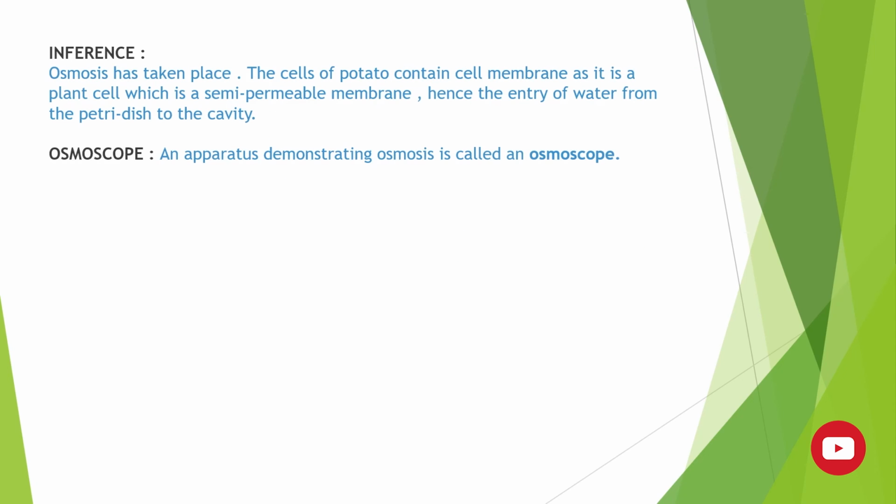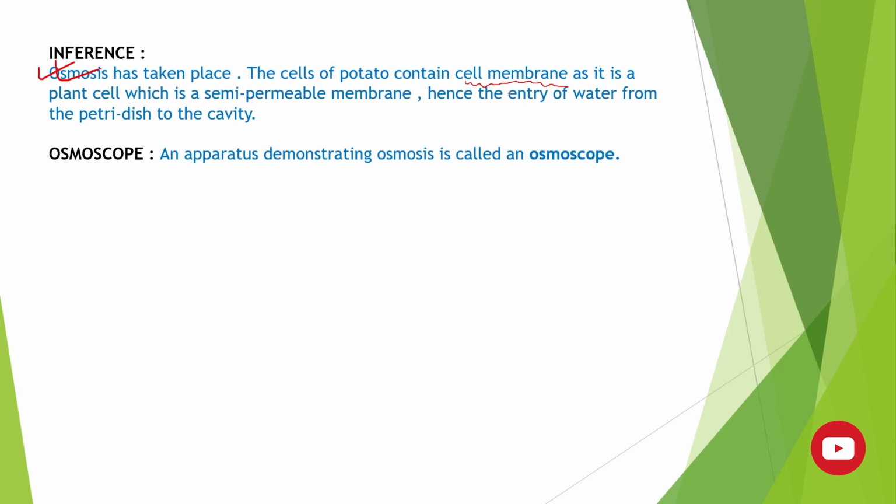Let us move on to the inference and observation. We have already discussed what we are going to observe. We are going to observe that the level of solution inside the cavity of the potato osmoscope has risen. What is the inference that we can draw? Osmosis has taken place, definitely. The cells of potato contain cell membrane.